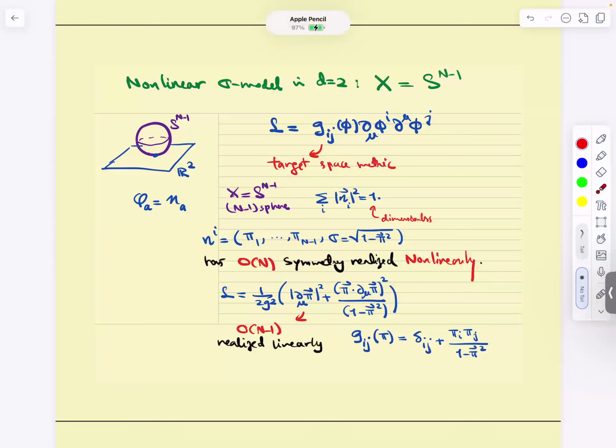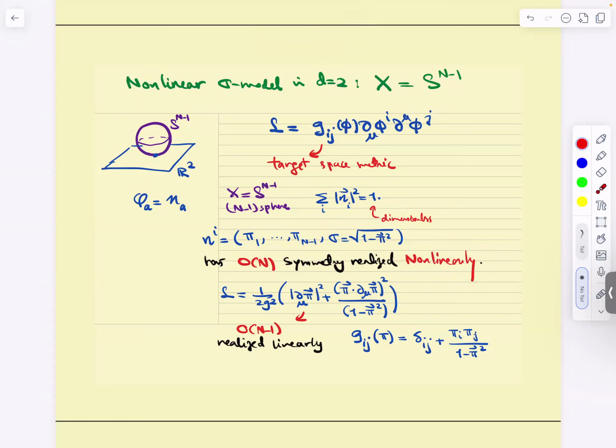A good way of dealing with this is to define this as an n vector, right? So take n minus one of these guys to be a bunch of fields pi, and then the last one is just square root of 1 minus pi squared. This has O(N) symmetry realized nonlinearly.